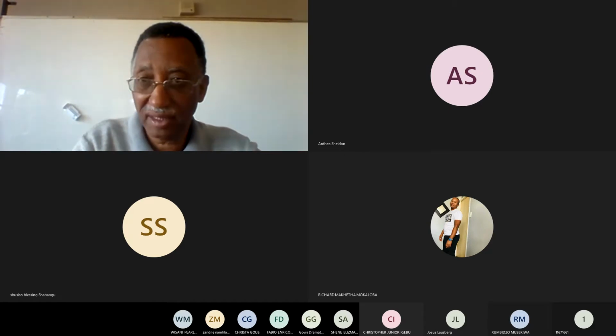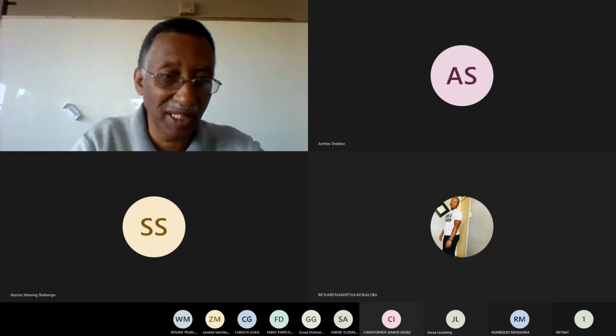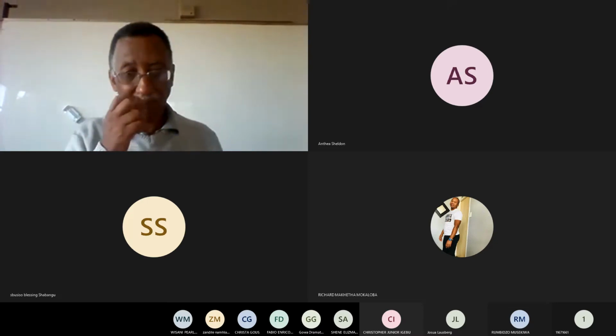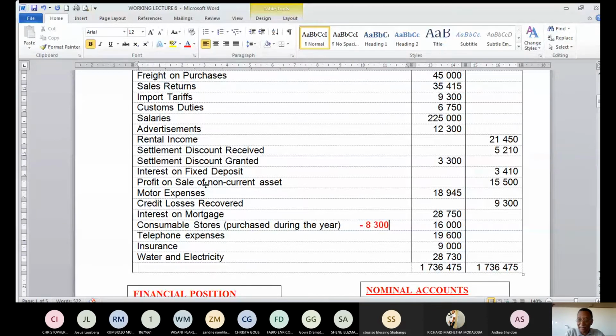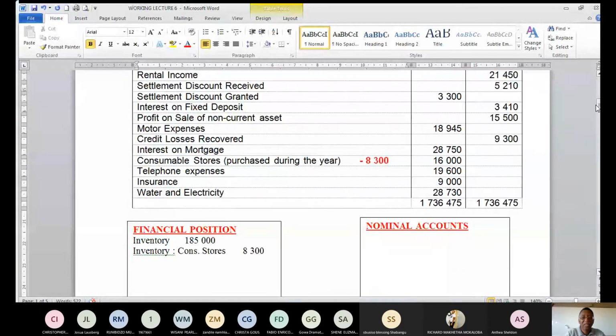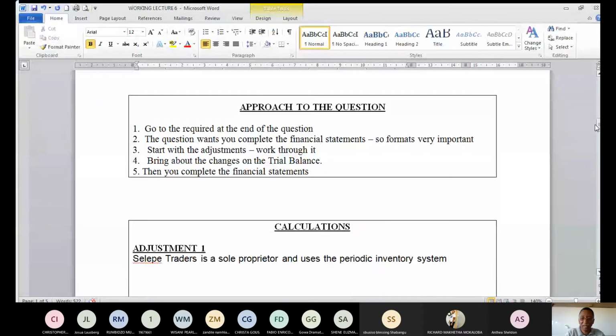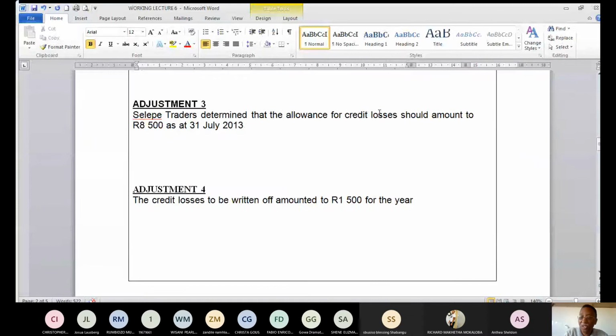I'm on to my third adjustment now, adjustment number 3. In adjustment number 3, they are telling us that Lepe Traders has now determined the allowance for credit losses. Now, allowance for credit losses is a provision that we have there. And whenever you work with allowance for credit losses, the account involved is credit losses, and the other account is your allowance for credit losses.